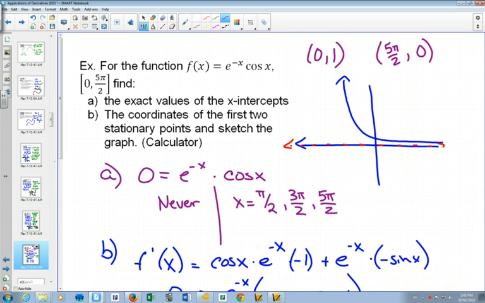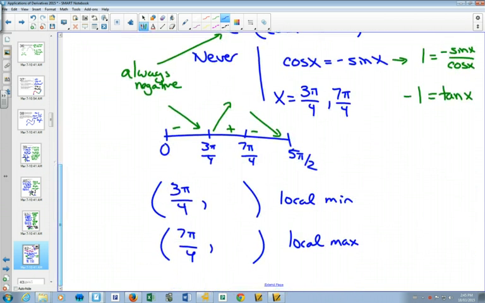So if someone would calculate the first one and somebody else calculates the second one, then we'll have those values. All right, what did we get? Anybody do the 3 pi over 4, 1?